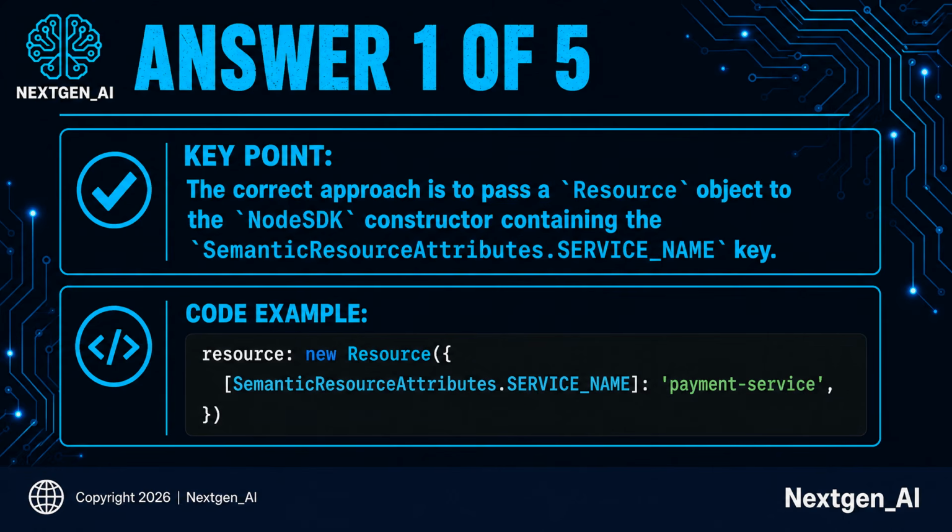The correct approach is to pass a resource object to the Node SDK constructor using the SemanticResourceAttributes.SERVICE_NAME constant as the key. Passing service name directly to the Node SDK constructor is a common mistake. It is not a valid top-level option and will be silently ignored. Always use the resource object.